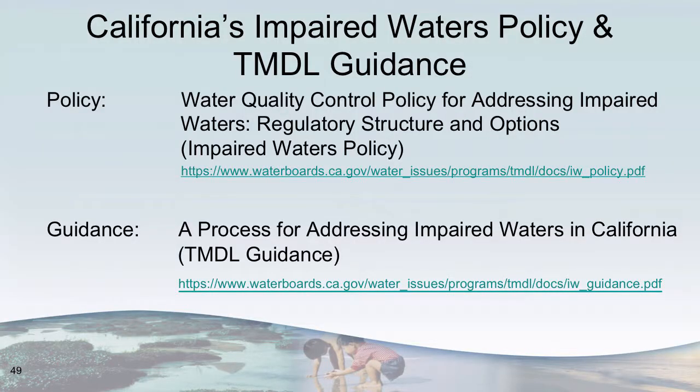All right, so these are just where you can find both the policy that I pulled the flow chart from, as well as a guidance document that was developed concurrent with the policy. So again, it's 2005.